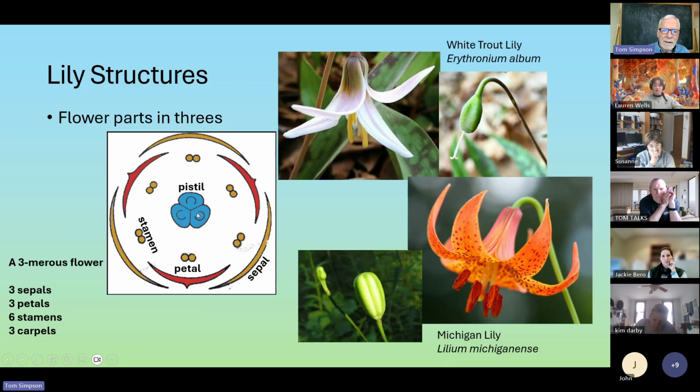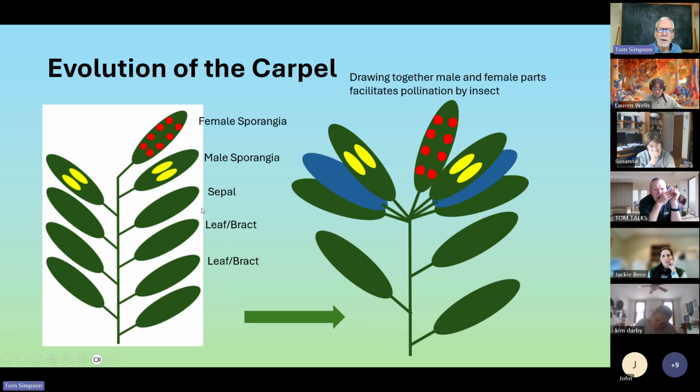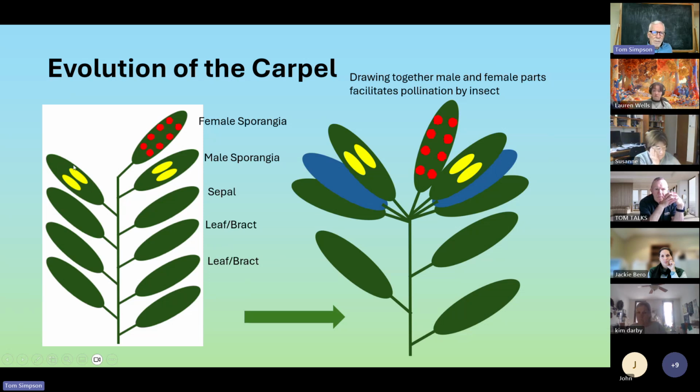Let's talk a little bit about flower structure and where it comes from and how carpels formed. If we go back to the origin of flowering plants, they appear to have evolved from plants that had fertile leaves. Fertile meaning they produced male spores or female spores on different leaves.